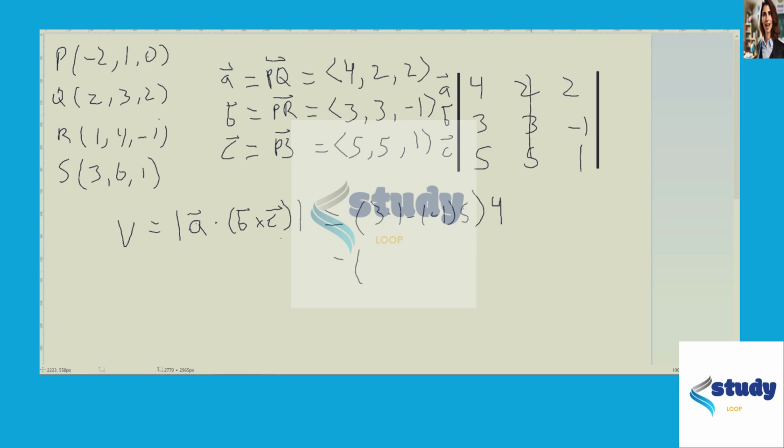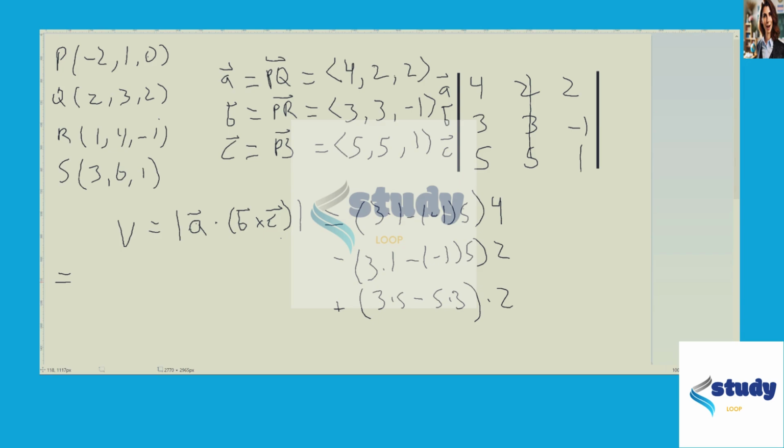Minus, then we ignore our second column, 3 times 1 minus negative 1 times 5, all multiplied by 2, plus, same idea, ignore the third column, 3 times 5 minus 5 times 3, all multiplied by 2. Since we don't have any i's, j's, or k's, this isn't a vector, this is a scalar, and so we can just add everything up.